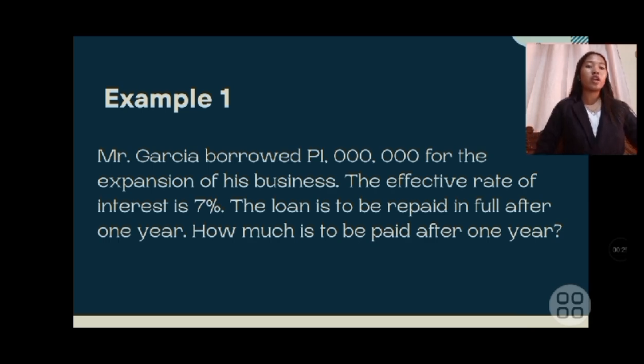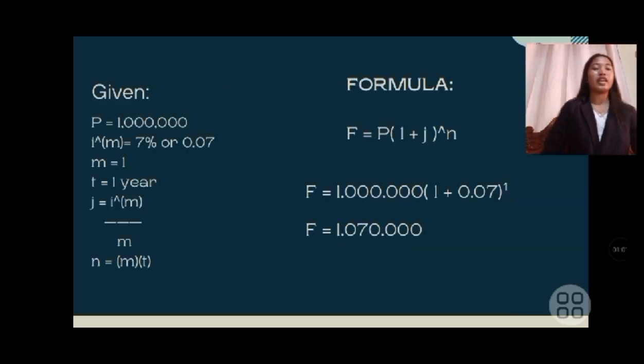So, paano nga ba tayo solve for future value? Let's identify the given from the word problem. Our principal value or amount is 1 million and our interest is 7% or 0.07. Our conversion period is 1. Our time is 1 year.